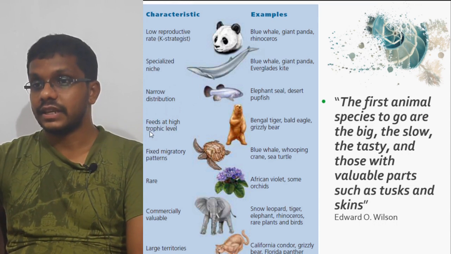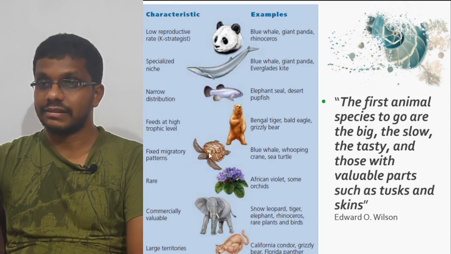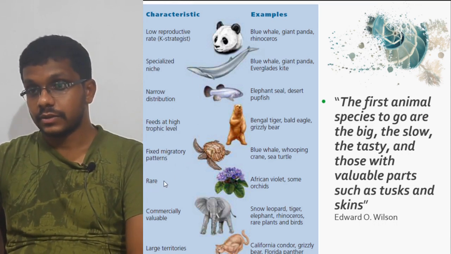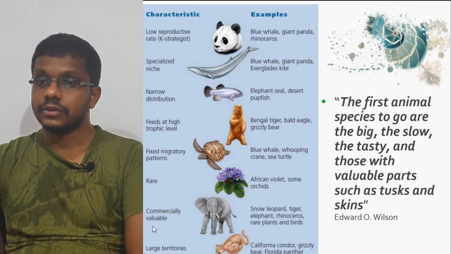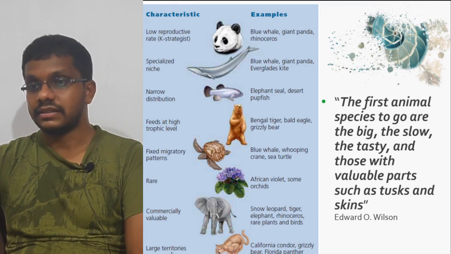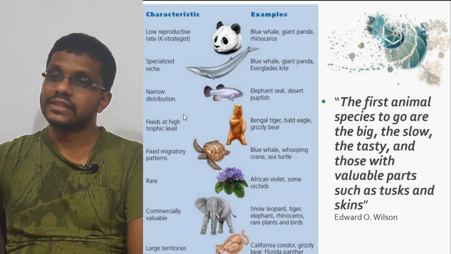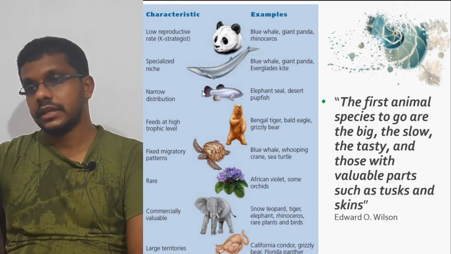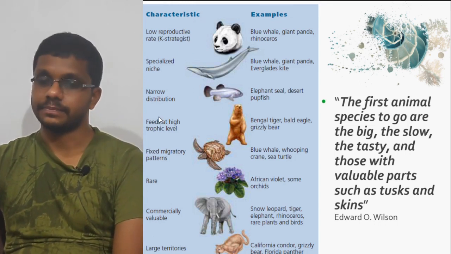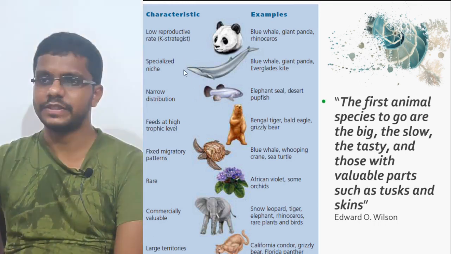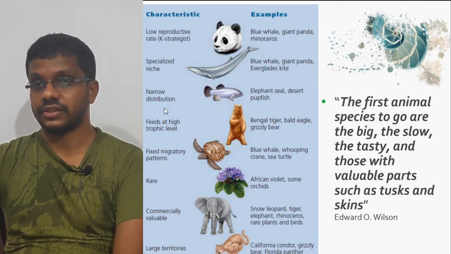Some feed at a very high trophic level, like the Bengal tiger, or are fish with migratory patterns, like some of the turtles. Some are so rare or commercially valuable, like the tusk of an elephant, or need large territories, like the panther. So these organisms are at the edge of extinction. Because of their specialized characteristics, they may go extinct fast. Most of these organisms are keystone species, and loss of these organisms will lead to the loss of biodiversity on a large scale.